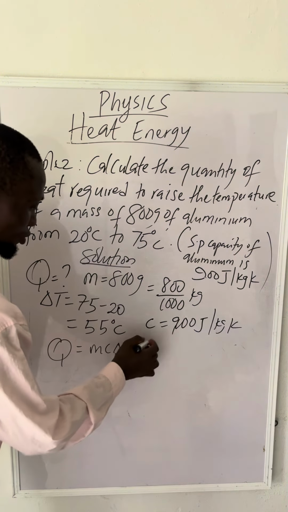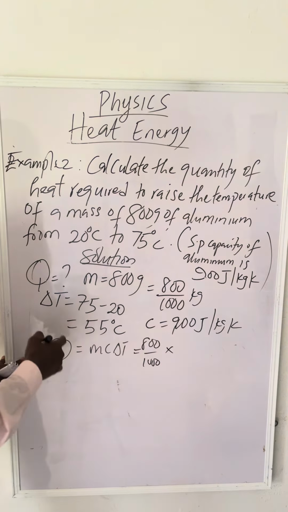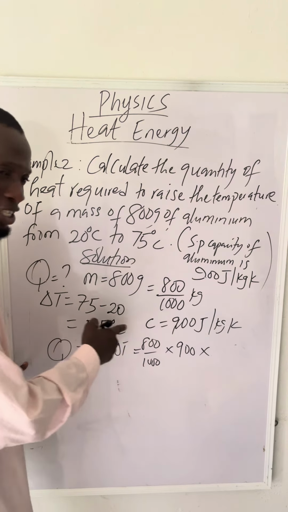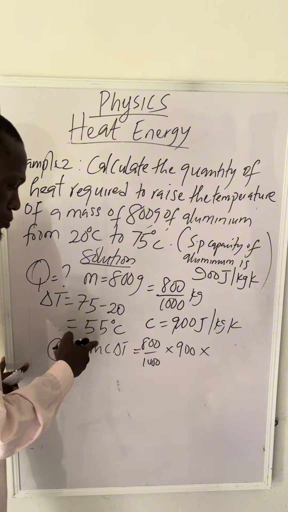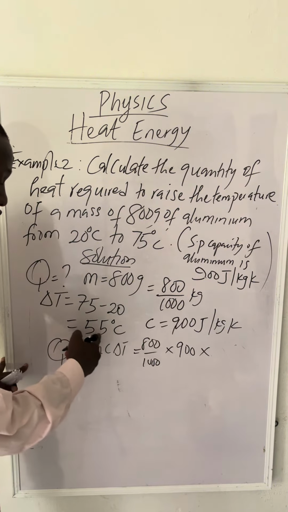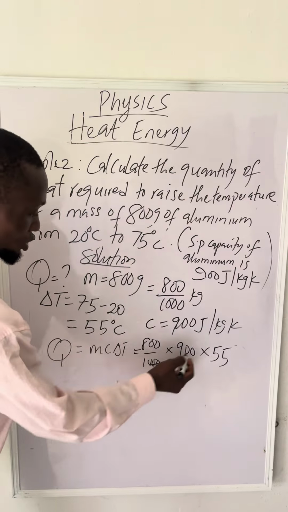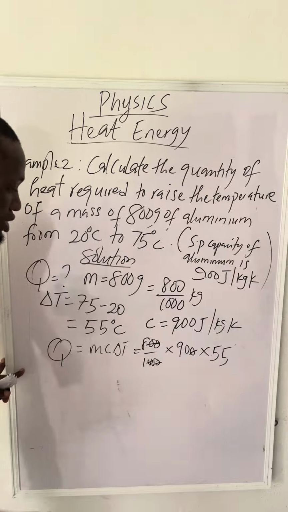I'm going to say 800 over 1000 times, what is my C? It's actually 900 times, what is my temperature rise, which is going to be 55, right? So here I can say 20 cancel 20, so 10 cancel 10 here, right?